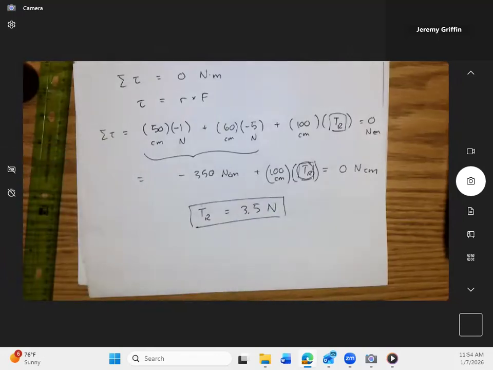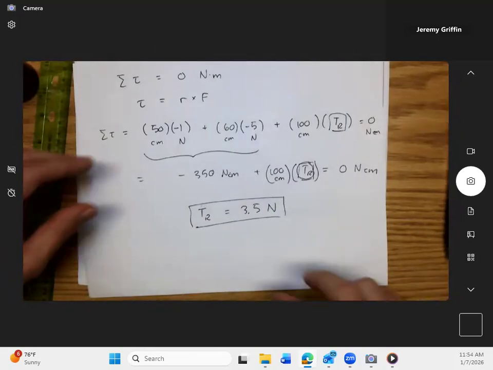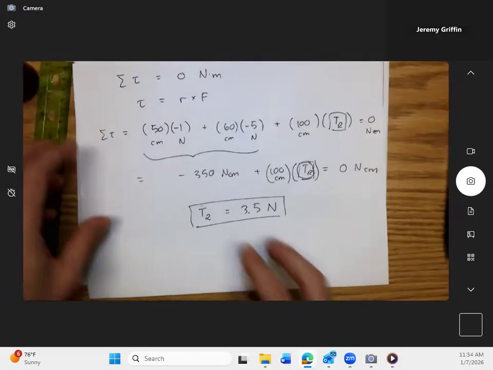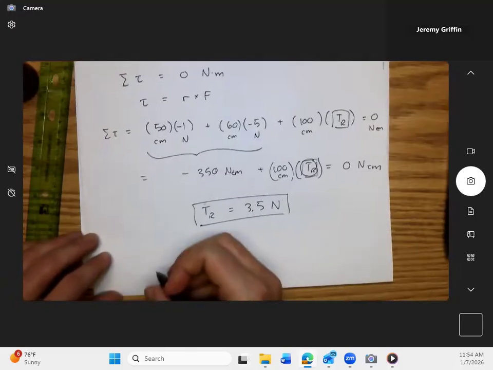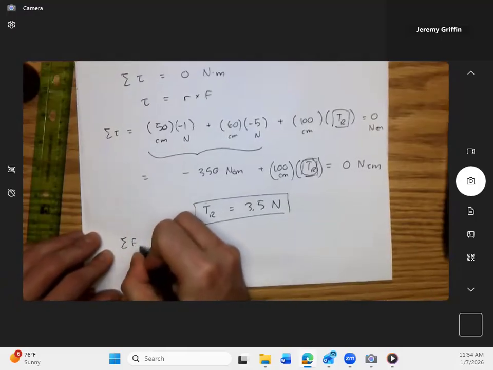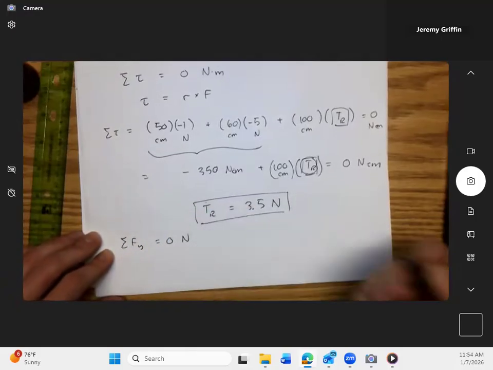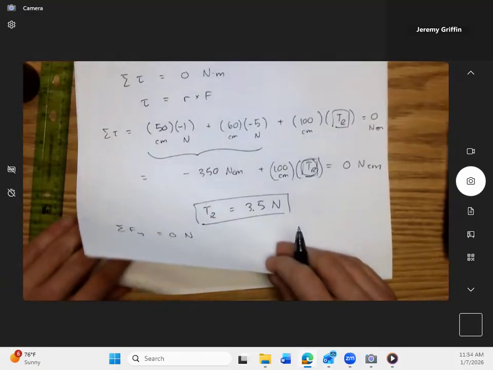Then to get the tension on the left side, there's a few different ways to do it, now that you know the tension on the right side. Don't you know it has to add up to 6? So you just subtract them, right? Yeah, you can totally do that. You could say the sum of forces in the y direction goes to 0 newtons. Therefore, all the forces up equal all the forces down.